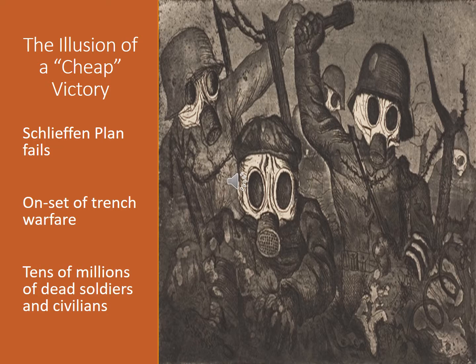And when they did so, trench warfare set in, and then you had the stalemate that went on for 4 years that resulted in the death of tens of millions of soldiers and countless more millions of civilians. So in this case, the victory for the Germans not only wasn't cheap, it was non-existent, because they were largely blamed for the war and had to pay the costs after the war for being labeled the aggressor in that conflict.